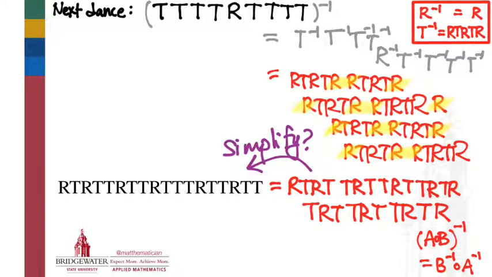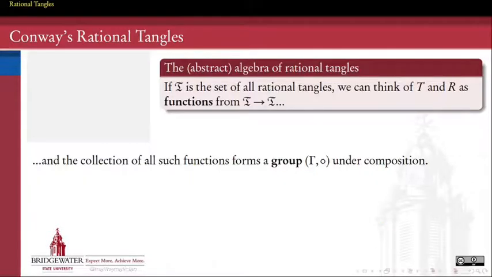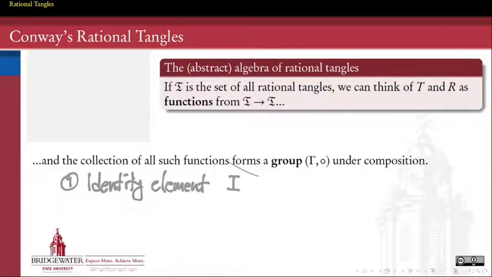For example, the first question that I want to ask is, if it's true that this collection of all such operations that we can do to rational tangles forms a group under composition, so to remind you what that means, there exists an identity element, which is the operation of doing nothing to a tangle, right? I'm going to represent this as it just takes my tangle and does nothing to it.